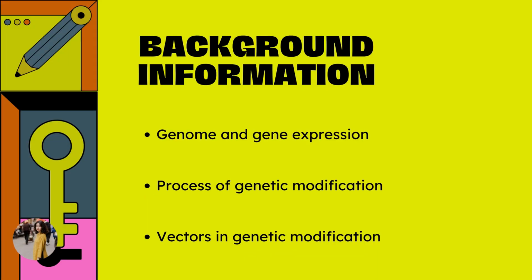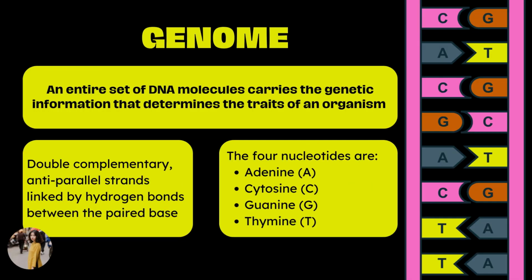Several pieces of background information before we dive into genetic modification are the genome, gene expression, the process of genetic modification, and some vectors that are often used in genetic modification. So what is the genome? The genome is the entire set of DNA molecules that carries the genetic information that determines the traits of an organism.